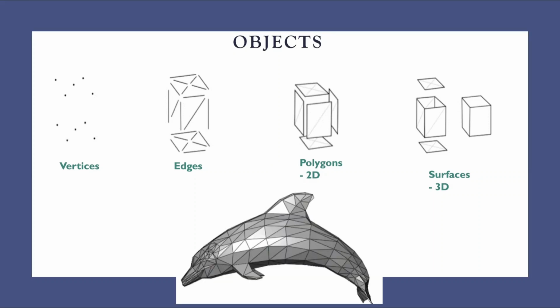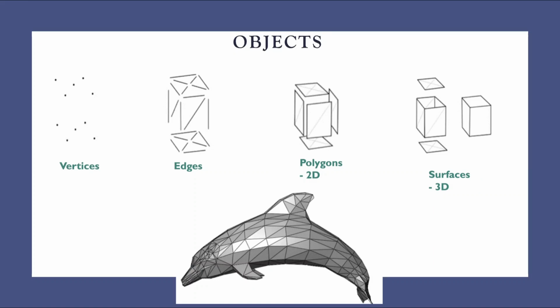So you can see a small sample example here. The complete image has been designed by connecting multiple polygons. So all the 3D objects in any three-dimensional graphics will be created by connecting different polygons, which is called creating a polygon mesh.